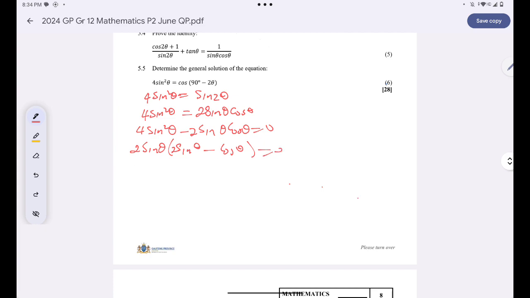Then I have two things multiplied, the answer is 0. It simply means that 2 sine theta is 0, or 2 sine theta minus cos theta is 0.